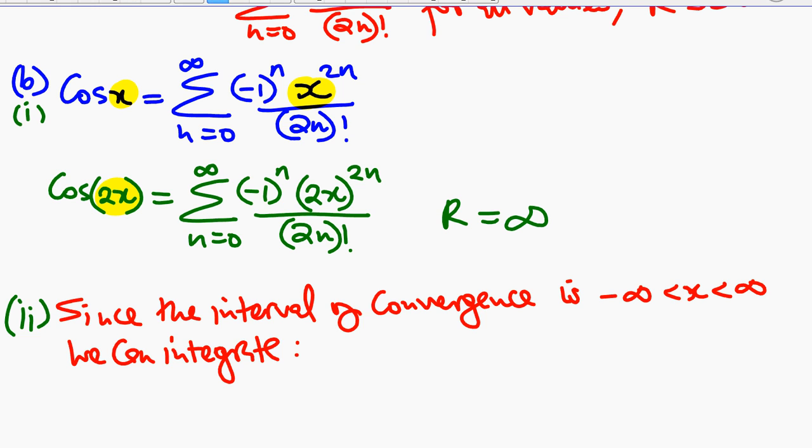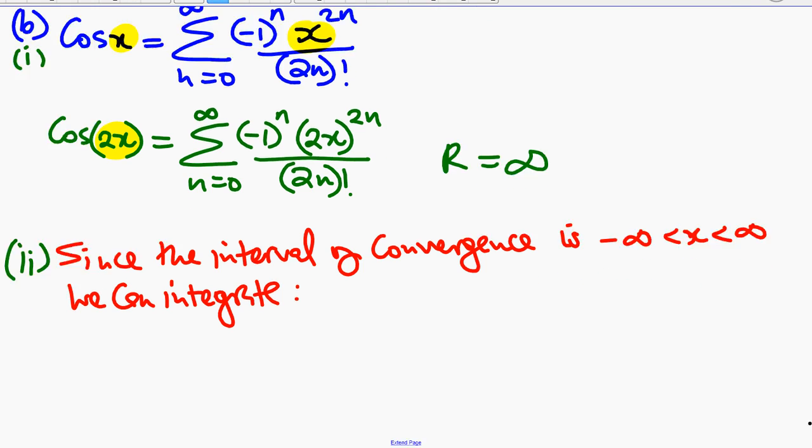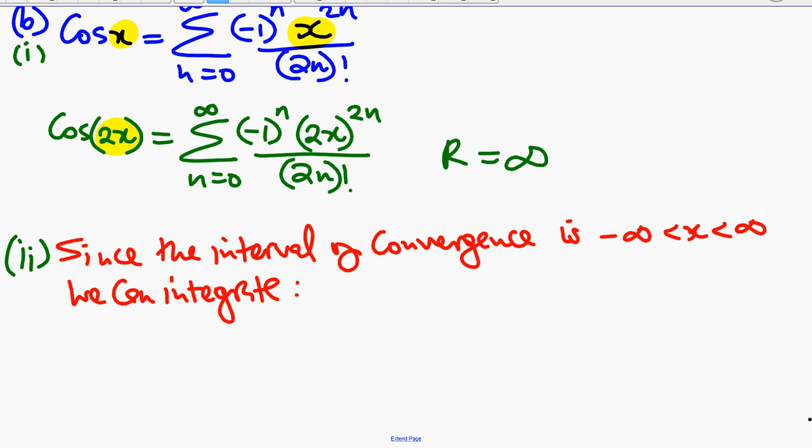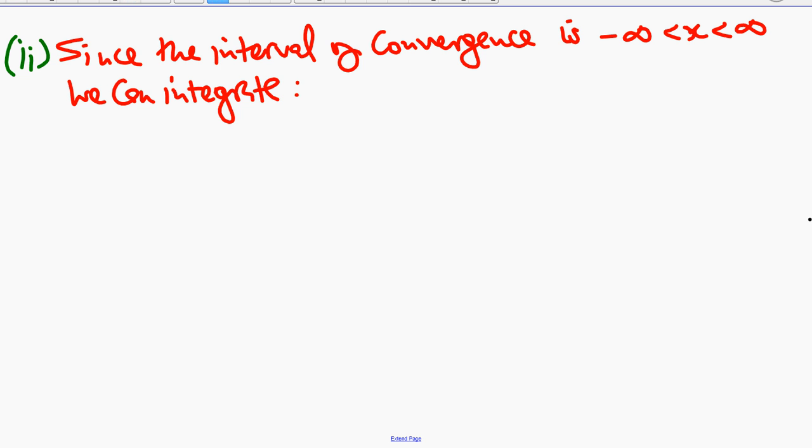Now we know that if you integrate cos x, you end up with sin x. So basically, we can go ahead and perform that. Now we know that sin x is equal to the integral with limits 0 to x of cos t, because if we integrate cos t, we'll end up with sin x.